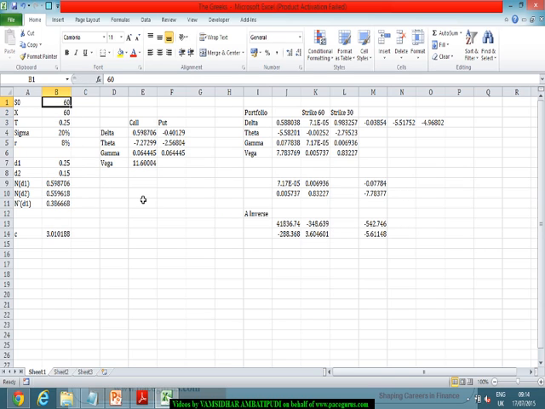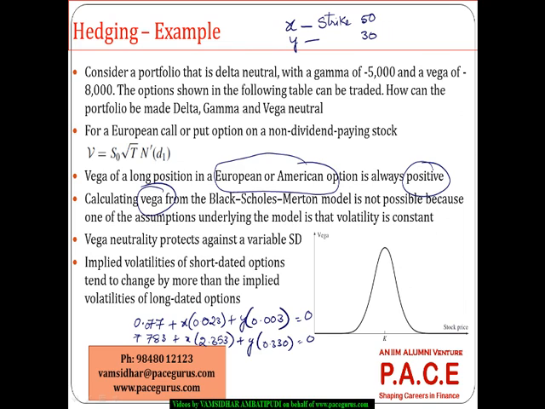Make it in the money, or make it out of the money, the Vega has come down. So both for in the money as well as out of the money, the Vega will be down. At the money, the Vega is going to be much higher.